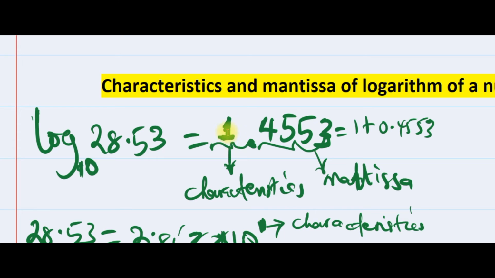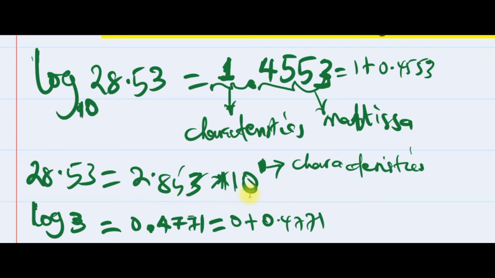Remember, this was through standard form. So we don't focus here on the characteristics. In getting the antilog, we focus on the mantissa, 4553.